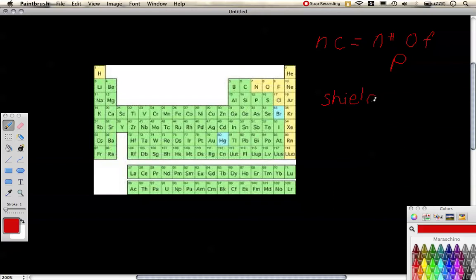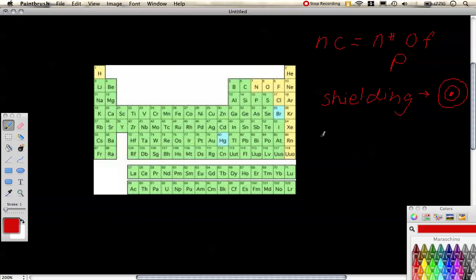Now basically, to recap, what that means, guys, is that the outer electrons, so there's those electrons further away from the nucleus, so if we draw a nucleus here, these electrons out here are shielded from the positive nucleus by those electrons on the inside. So that's another concept that you need to be familiar with.